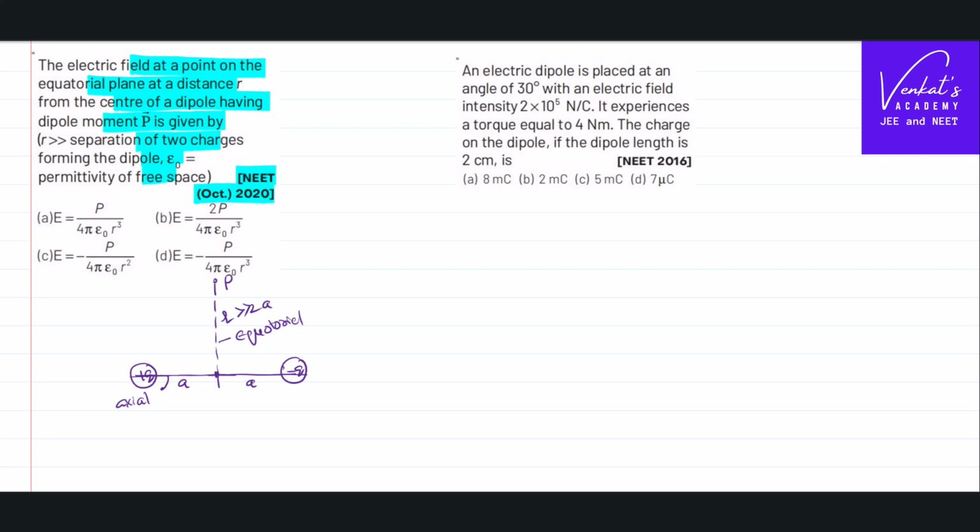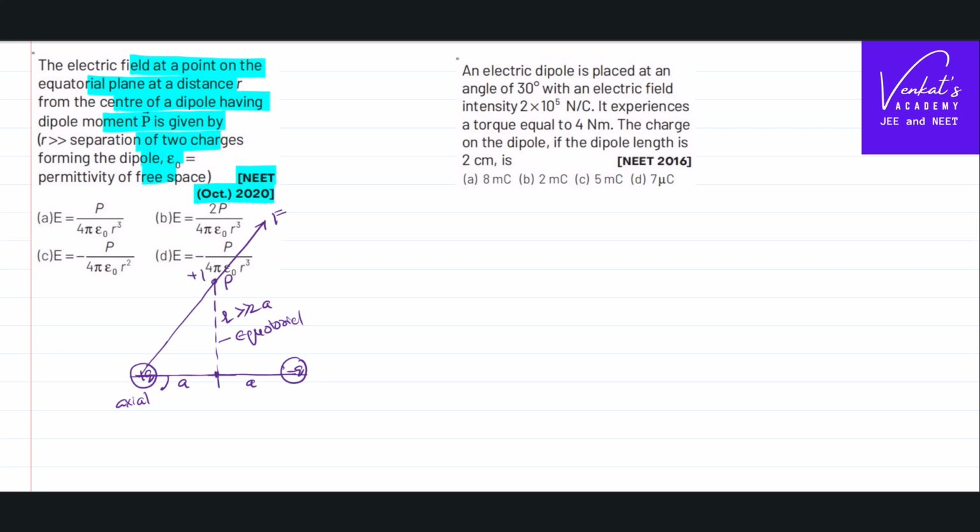So, to calculate that, I am not going to make a derivation here, but I am just going to tell you how you get that, right. Electric field means on that point you shall imagine a unit positive charge. On that unit positive charge, this positive charge applies a force of repulsion.